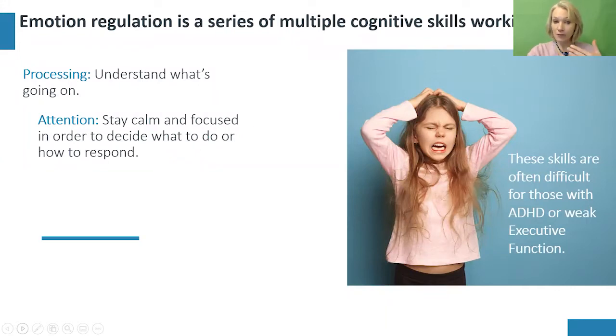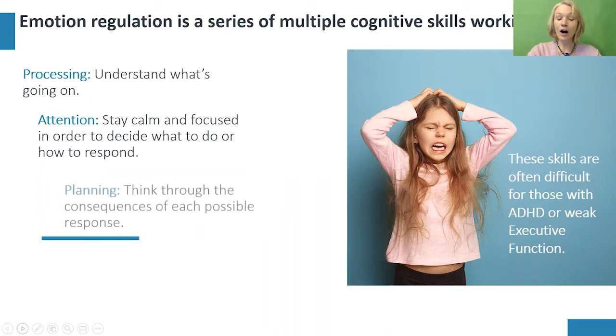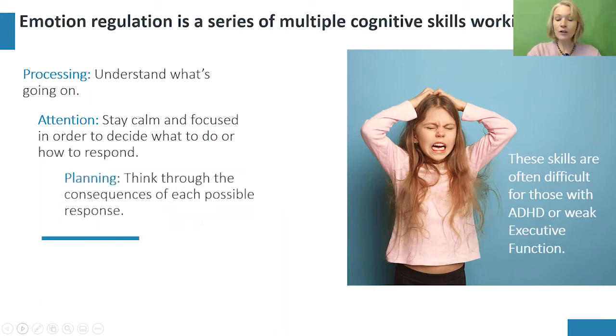So first you have to process the information. You have to remain calm enough to start thinking about the different solutions or responses. Then also planning. While you're thinking about those possible solutions or responses, you have to think about the potential outcomes or the potential consequences of each of those responses. Then you have to have that mental flexibility, right?